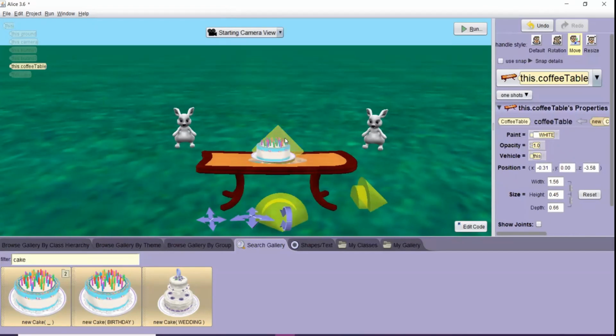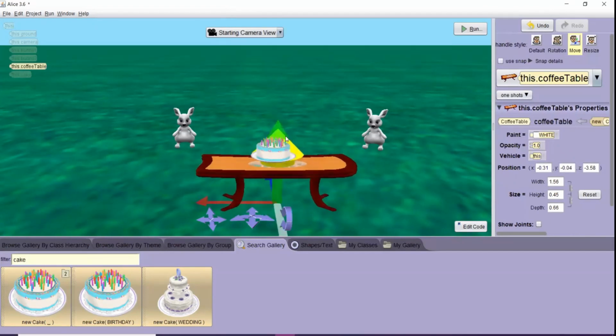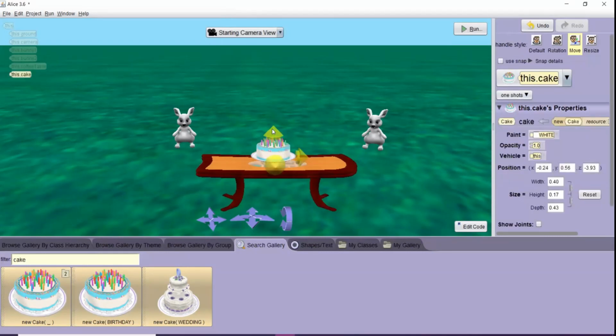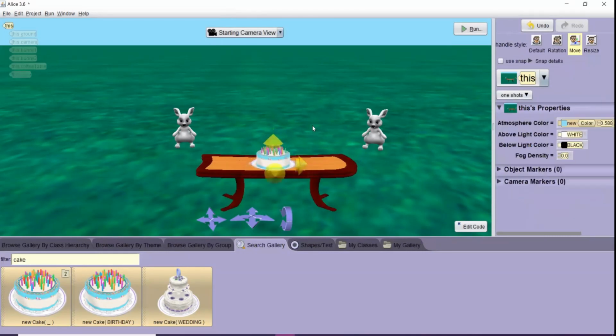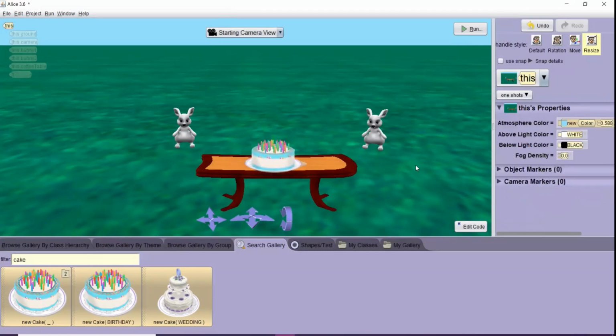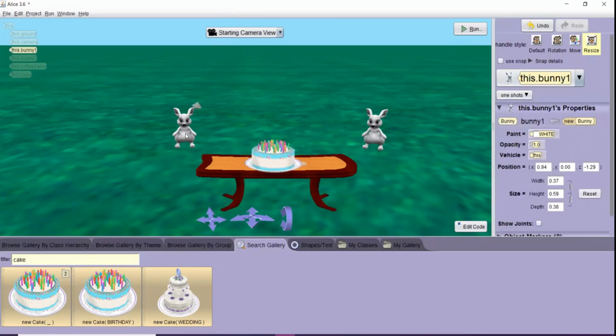Macam nak bawakan sikit dah ni. Macam tu. Okay. Okay, ini saya nak besarkan sikit. Okay. So, position dekat sini.